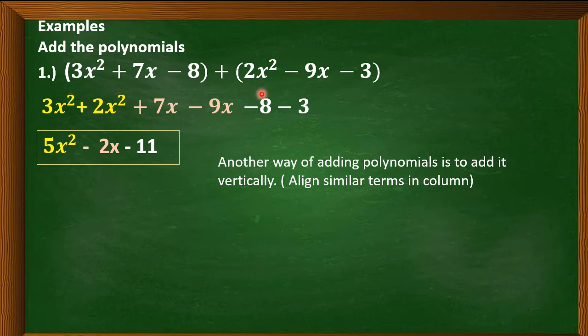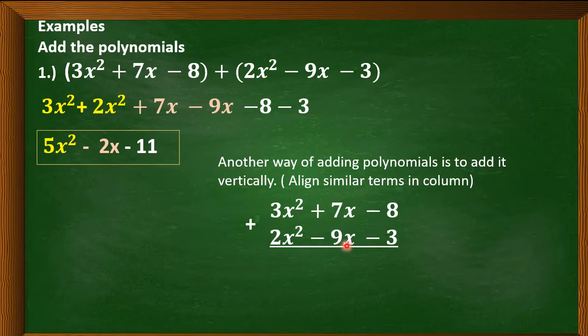It's already arranged starting with the highest degree to the smallest degree. So this is the first addend: 3x squared plus 7x minus 8, plus the second addend, 2x squared minus 9x minus 3.